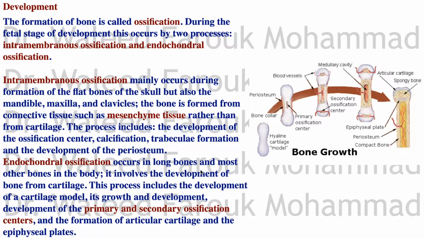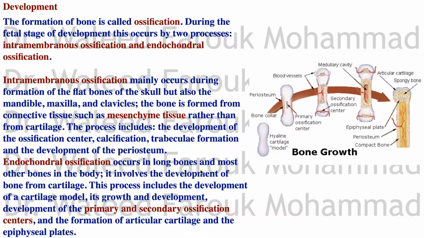Well, when it comes to the development of bone, or the ossification process, we have two types of ossification: intramembranous ossification and endochondral ossification. According to the name, they describe the site at which the bone develops.